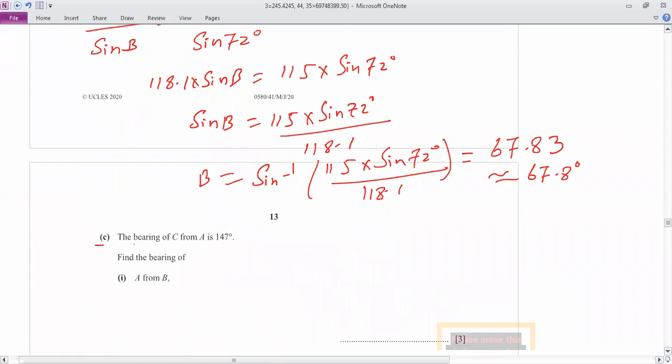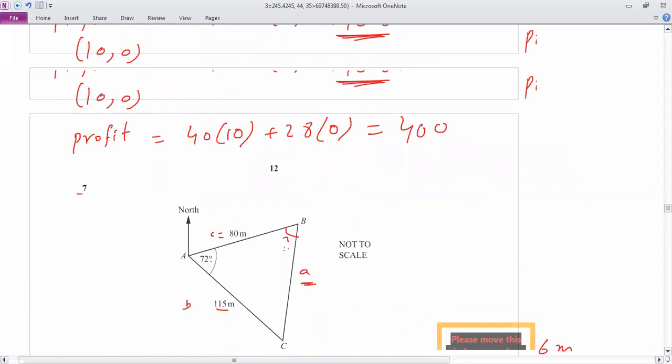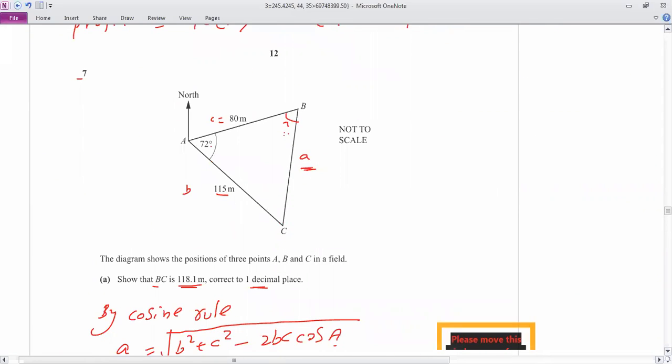And then part C is saying the bearing of C from A is 147. Okay, the bearing of C from A, this one. Because you know, the word is from, C from A. So after from is A, so you will take the north at A and then join the line between C and A, the angle in the clockwise direction, this one.